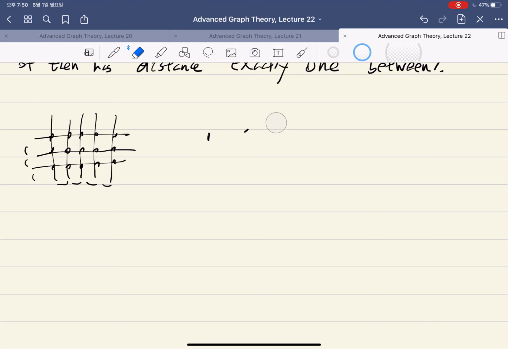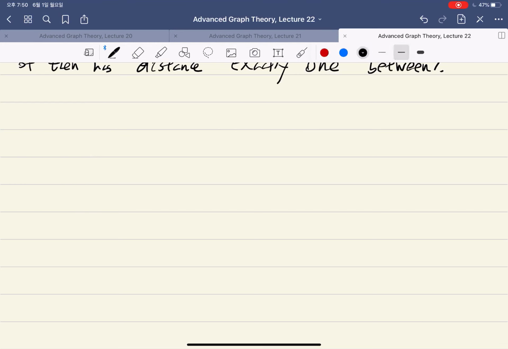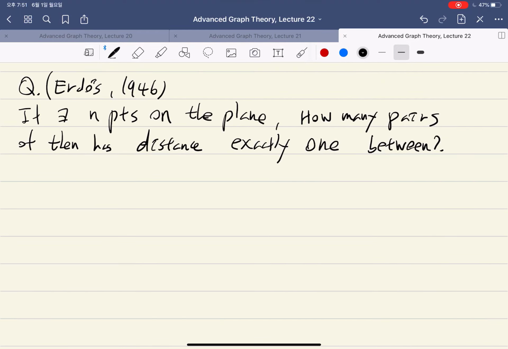If you take grid points, but now you choose the distance in a more careful way and not taking all the points, and you just take the points which are at the right distance from the origin, then by doing that, it actually shows that we can put n points on the plane so that there are at least n to the 1 plus c over log log n many unit distances.